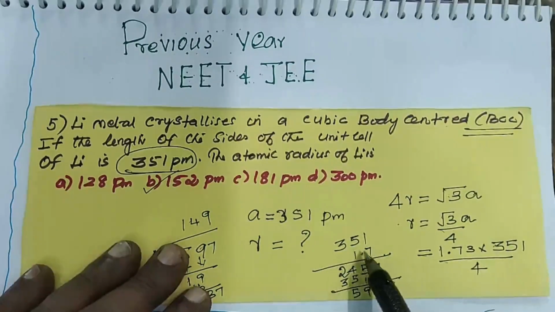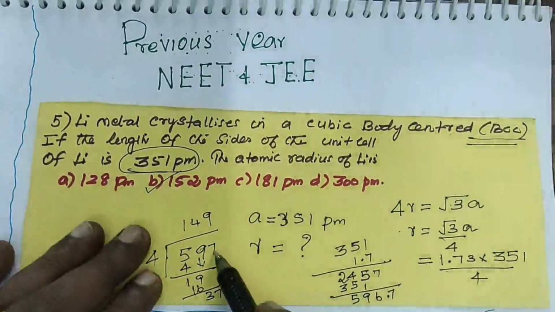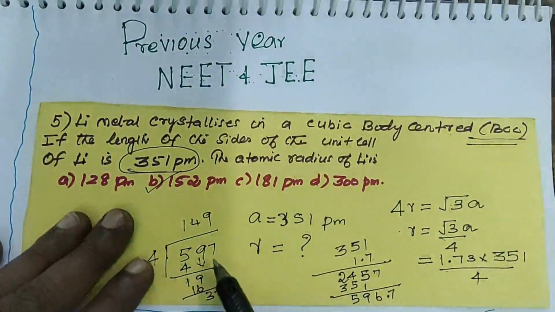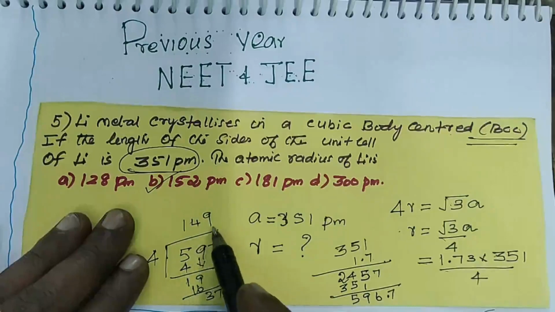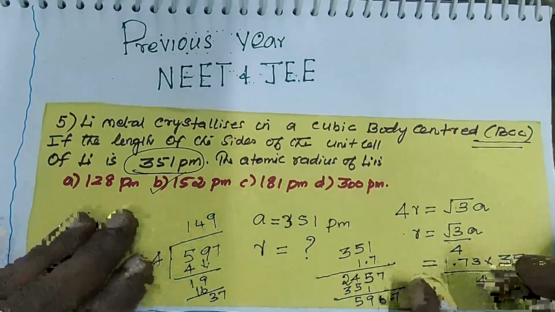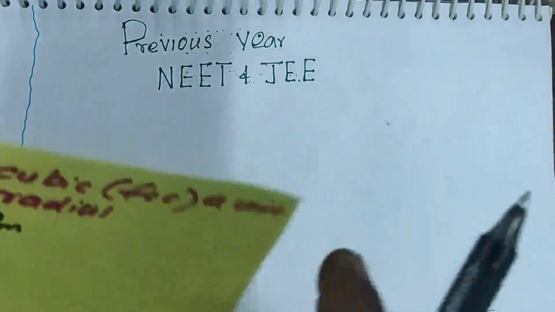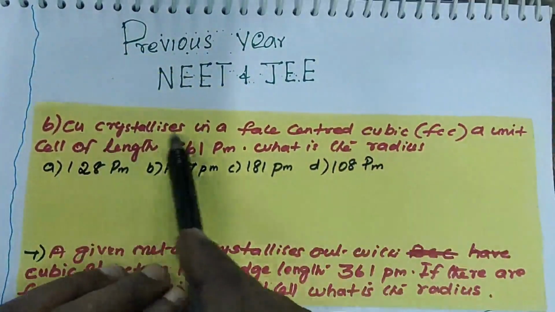Then the multiplication is very easy and quick. 351 into 1.7 is 596.7, that is 597, then divided by 4. So 149, around the number 152. 152.